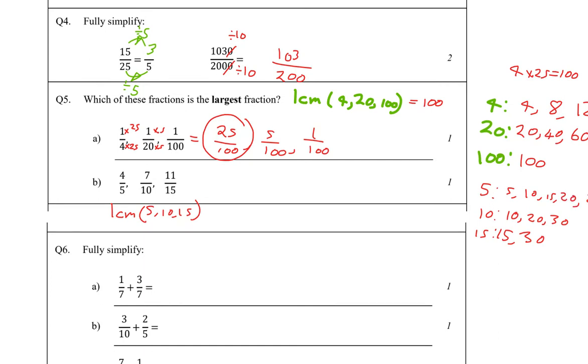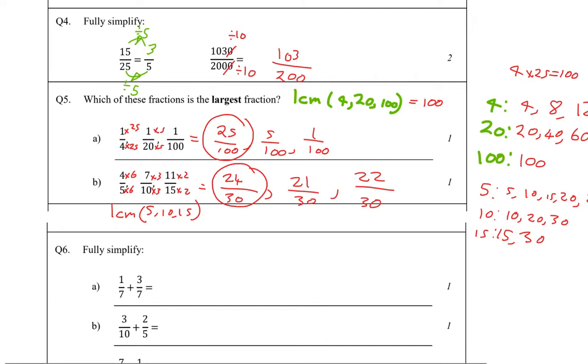So we can multiply the numerator and denominator here by 6, here by 3, and here by 2 to get like fractions with the same denominator. This is 24 over 30, 21 over 30, and 22 over 30. So the largest one is going to be 24.